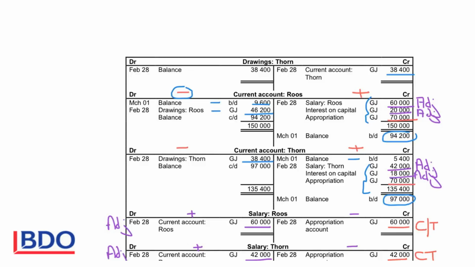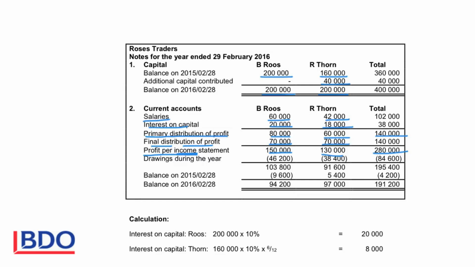So therefore, we will show the balance as a positive figure and we will show the drawings that's on the debit side as a negative figure. Okay, so the drawings for the year is negative and we will deduct it to see what is the amount that's left over that they're entitled to.